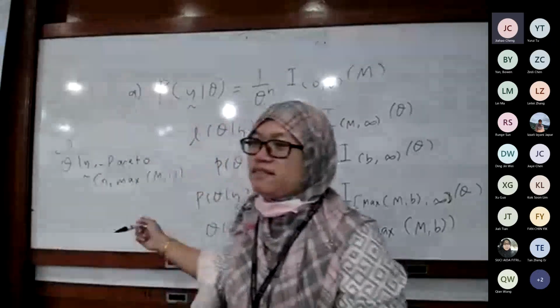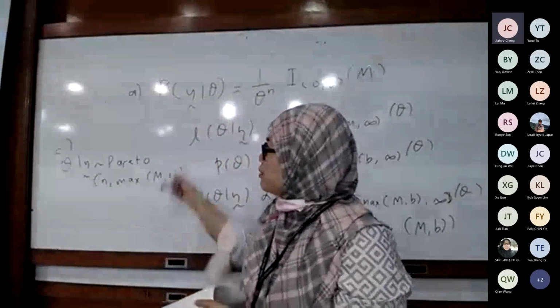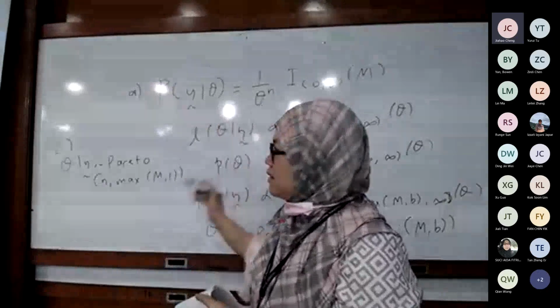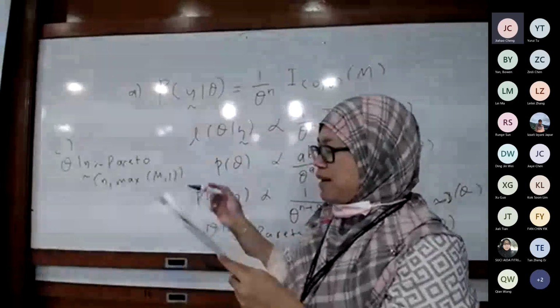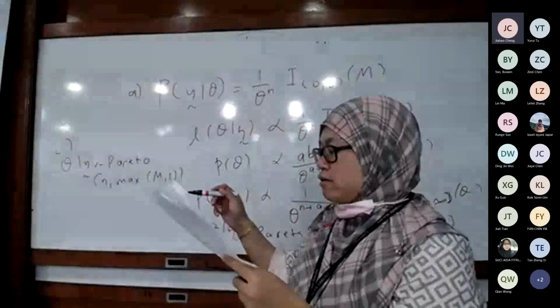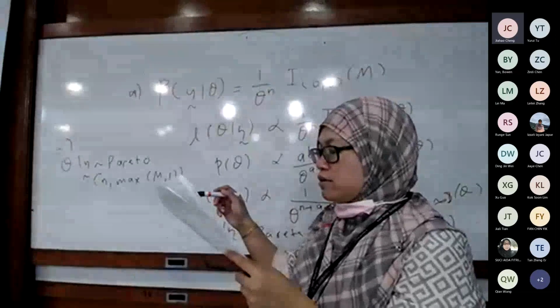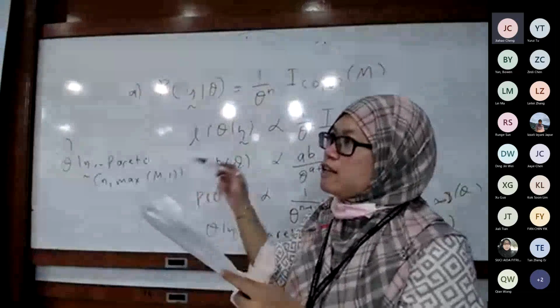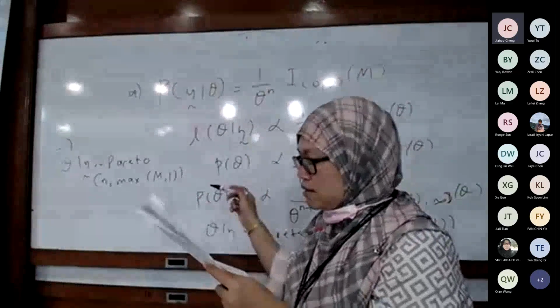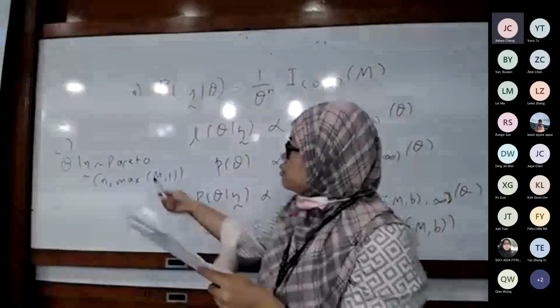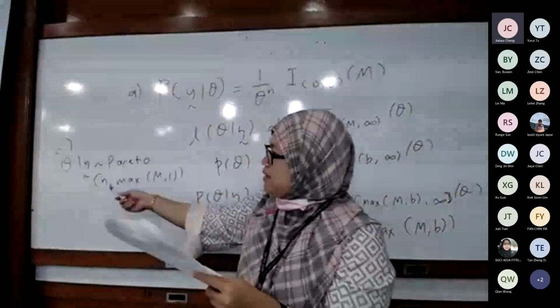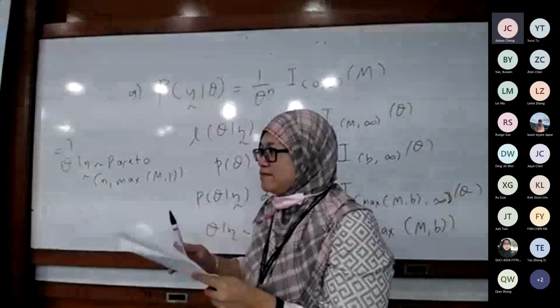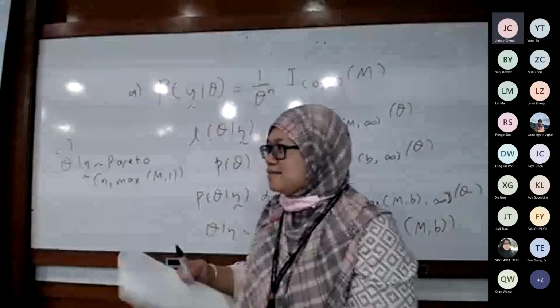Based on this B part, for the C part you have to do the transformation, then multiply with your likelihood. Then you should show that theta has the Pareto distribution with parameter n and maximum of M and 1. Let me try it.